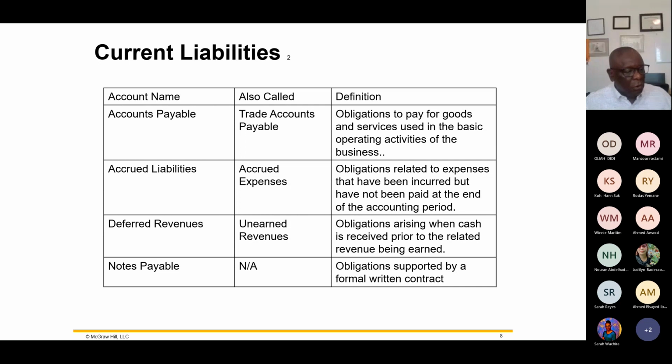It may be a 10-year loan, and any current portion that is going to be repaid within that year is current. It will now move from long-term debt to current liabilities, because within 1 year the company will have to pay that. So those are some of the issues I want you to take note of.